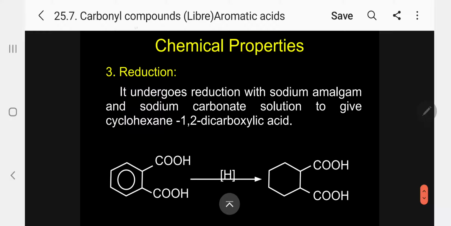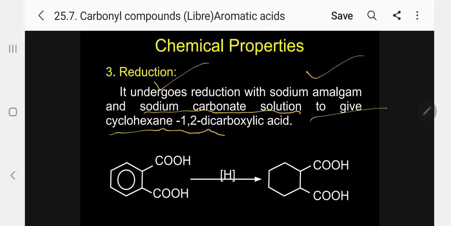The next one is reduction. Kindly follow, most important. It undergoes reduction with sodium amalgam and sodium carbonate solution to give cyclohexane 1,2 dicarboxylic acid. Without affecting the carboxylic groups, the three double bonds of the benzene ring get reduced in this specific reduction reaction.